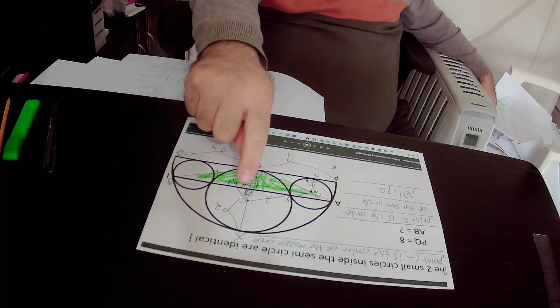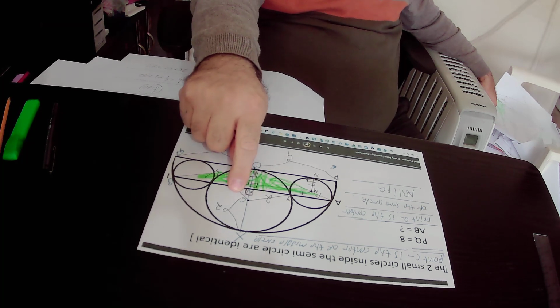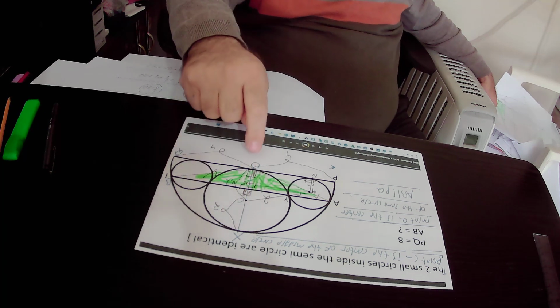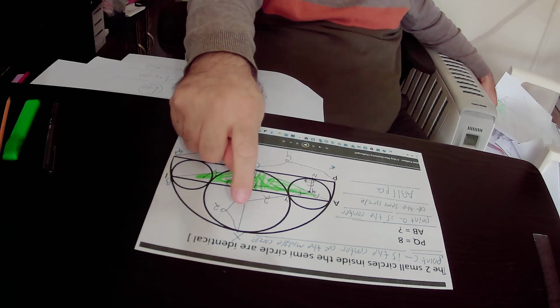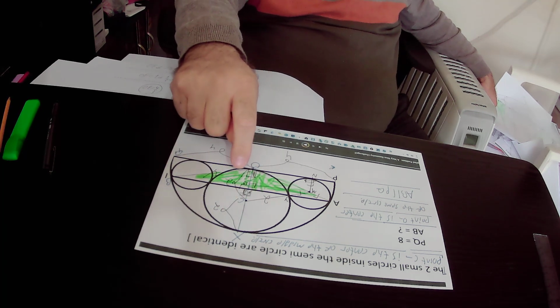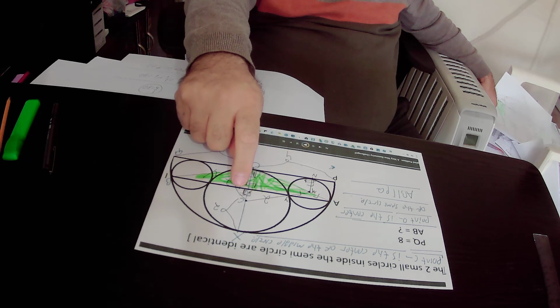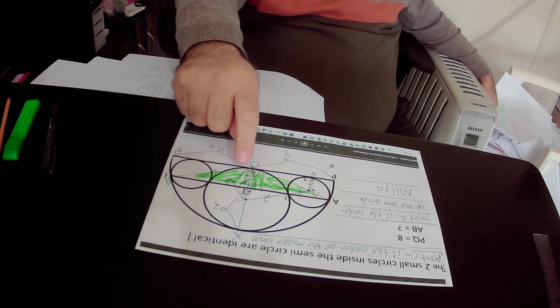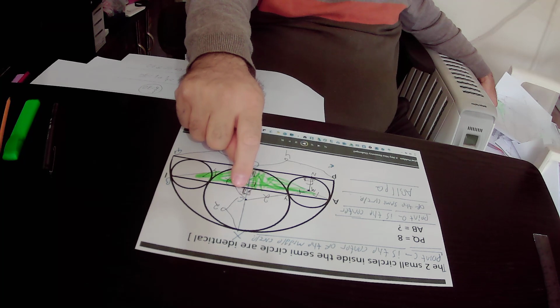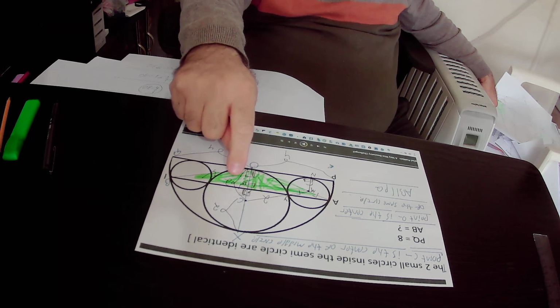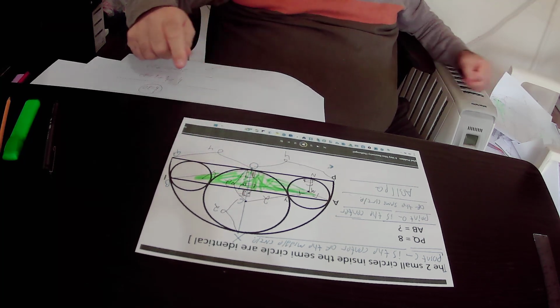If you look at this side of the straight line XO, which is the diameter of the middle circle, and focus on point E, then the sum of the angles on this side of XO at point E must be equal to 180 degrees. That is to say, this angle is 90 degrees, plus the size of angle OEB must be equal to 180 degrees.